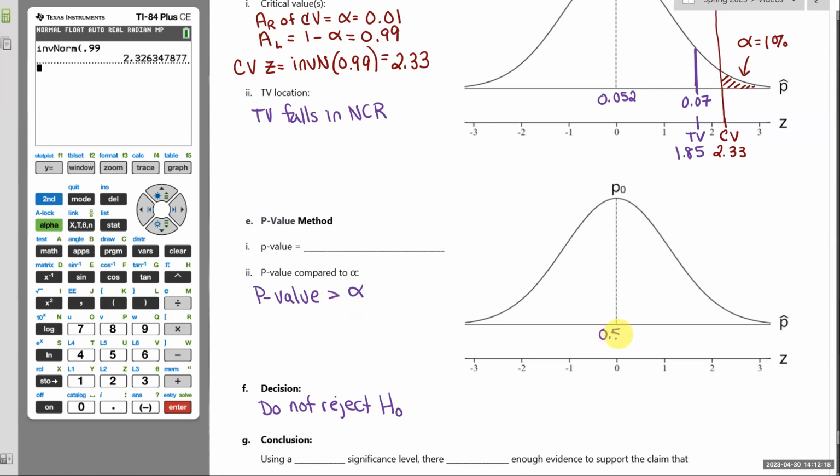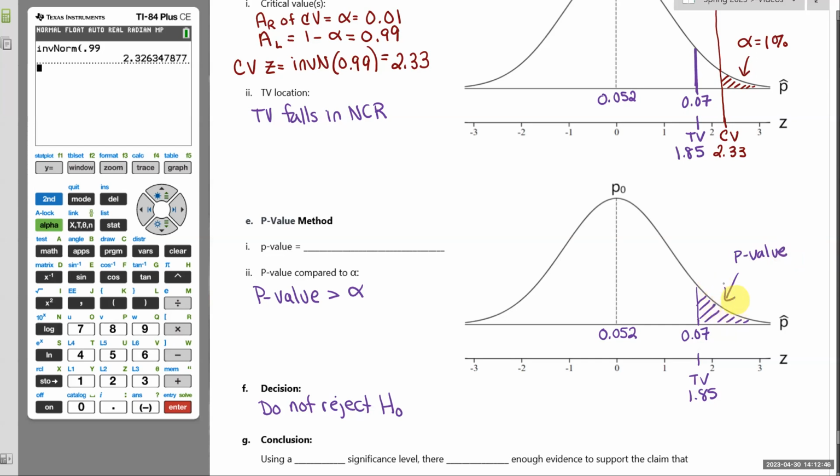So here's 0.052. And then the test value, 1.85, told me that my p hat is there. And in a right tail test, the p-value is the area to the right of the test value.